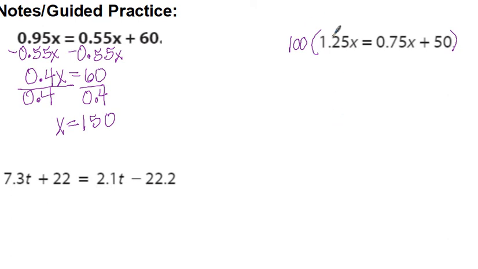When I times this by 100, I technically just get to move my decimal over twice. If you want to check it, just put it in your calculator, and you'll see that 100 times 1 and 25 hundredths is just 125x. Again, I'm going to move my decimal over twice, so I get 75x.